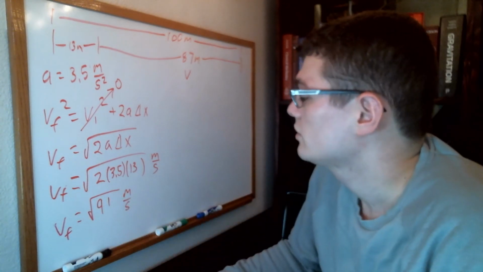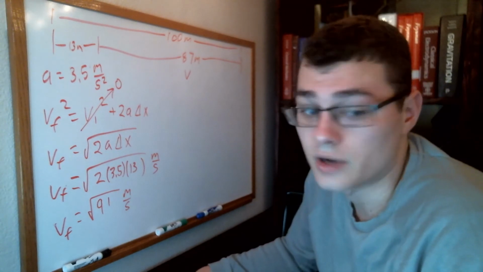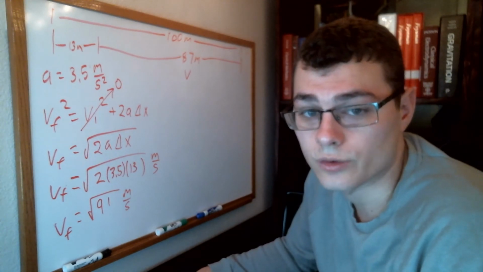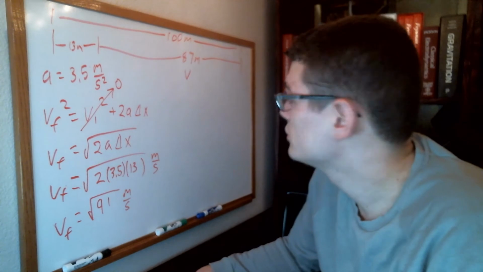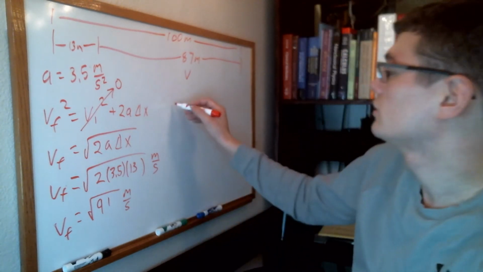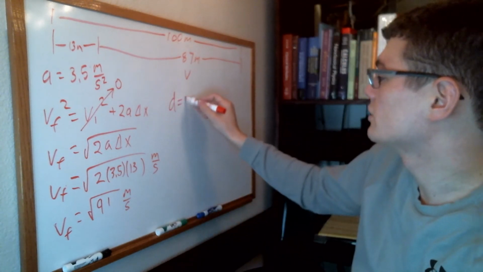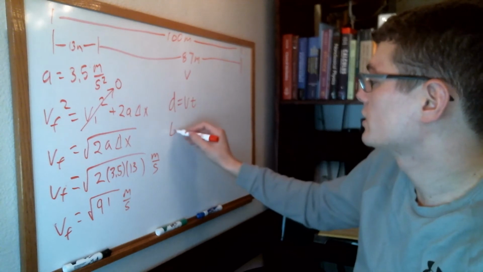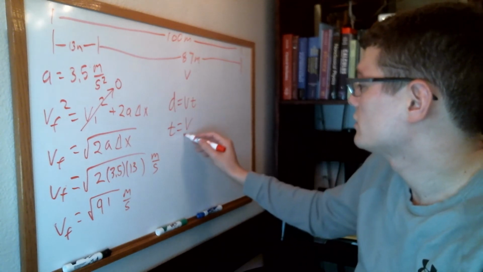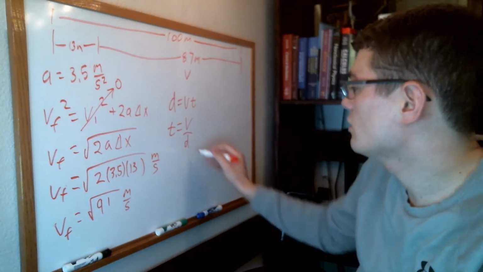So now, with this newfound knowledge of what our velocity is going to be for the rest of the race, we can say, all right, well, we have d is equal to vt, and then we can just solve for t. So that's going to be v over d.